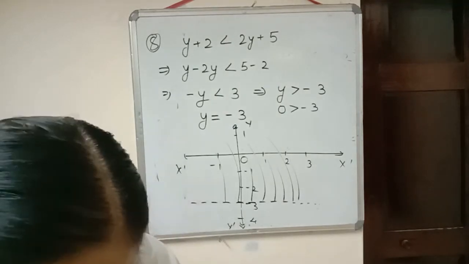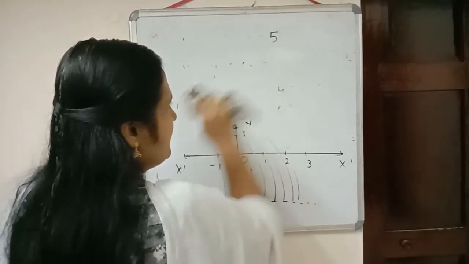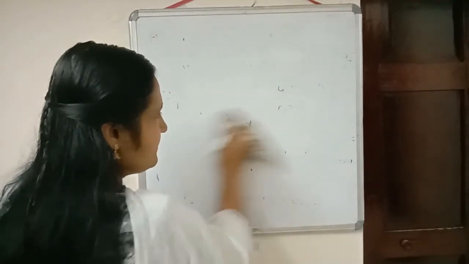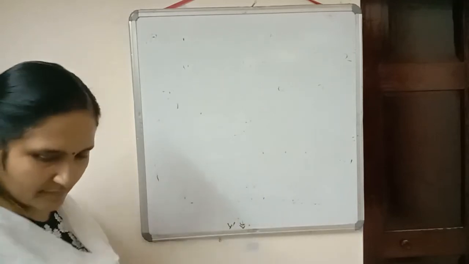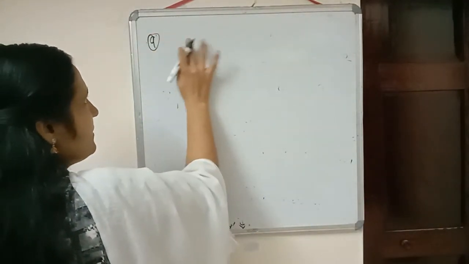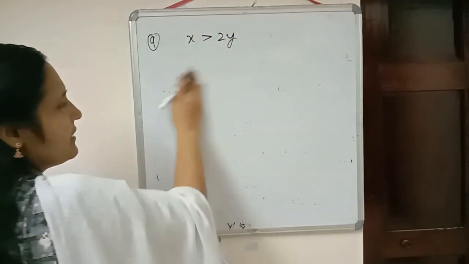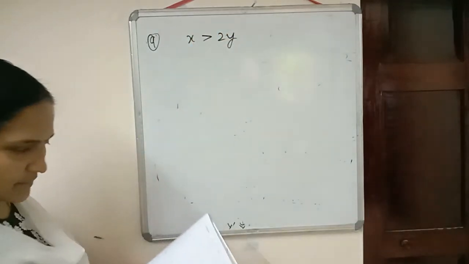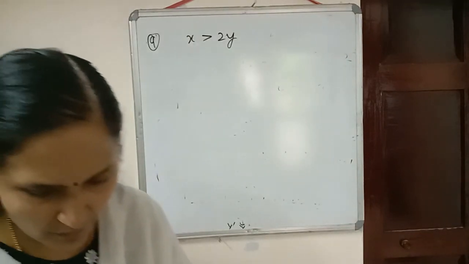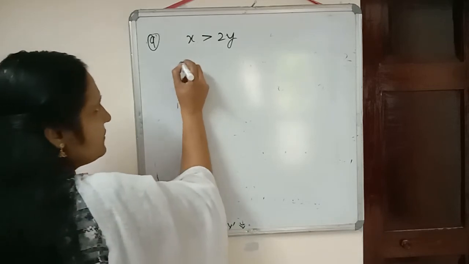Okay. Now write down the next question. Question number 9 is x greater than 2y. Question number 9, we have x greater than 2y. So again, first what you have to do, change the inequality to equality.